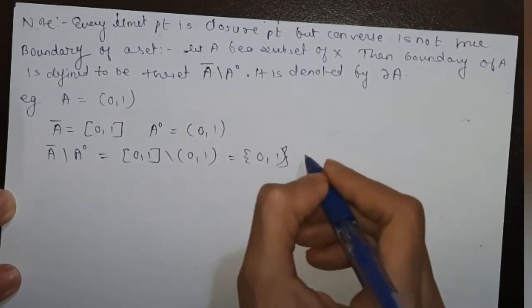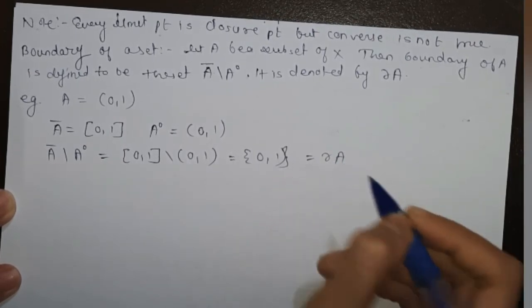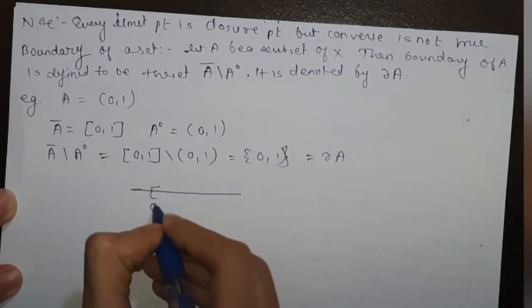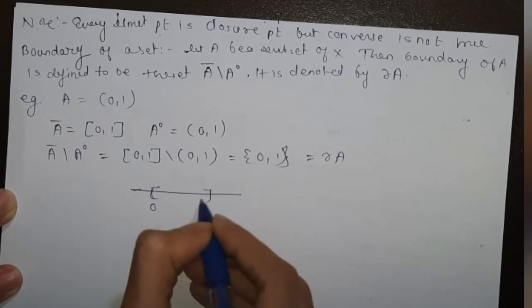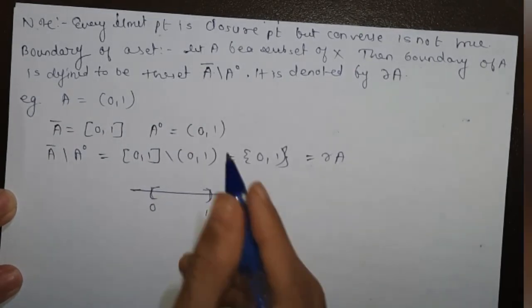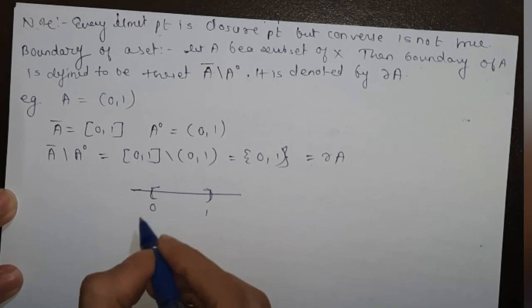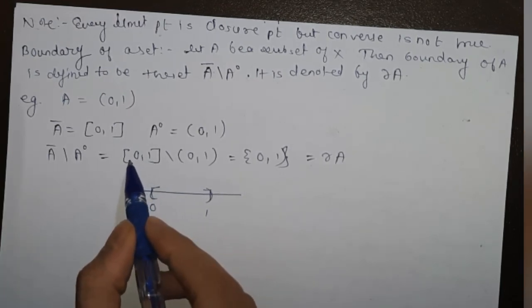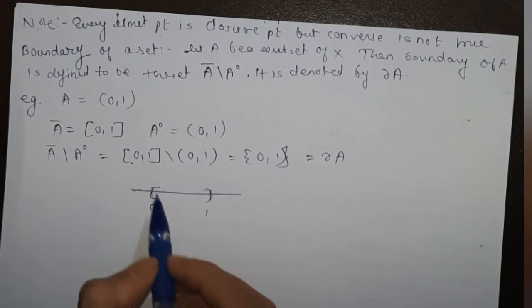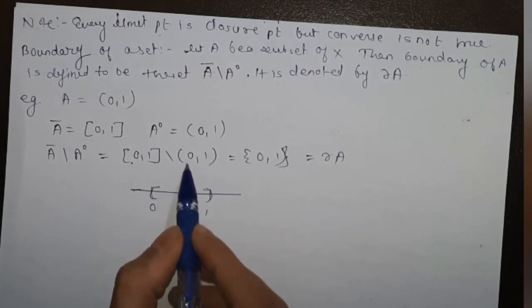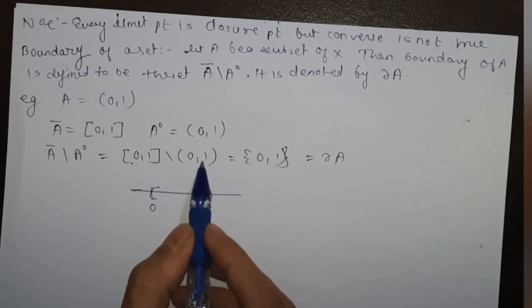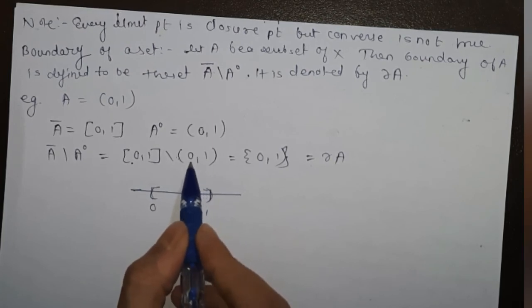This is the boundary of a set. See, this is a real line and you have the closed interval [0, 1] and the open interval (0, 1). The closed interval includes 0 and 1 and the points between them.